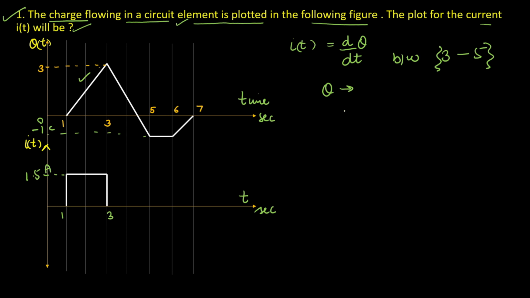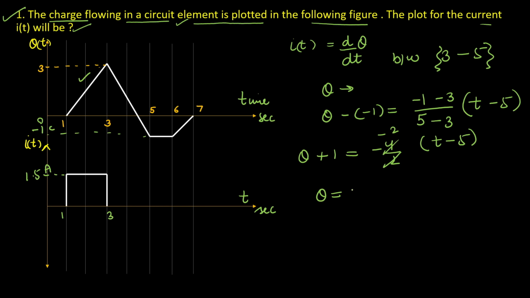So the equation of the charge will be q minus 3 is equal to (minus 1 minus 3) upon (5 minus 3) times (t minus 3), which is equal to minus 2 t plus 9. This is the equation that we are getting.